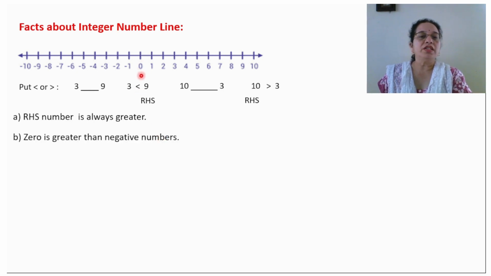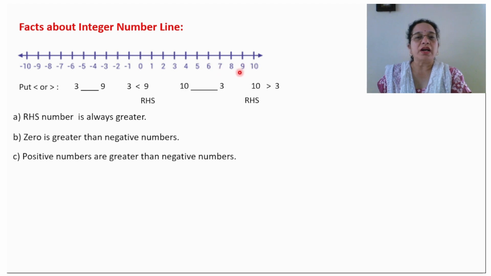Now on the right hand side of 0 all the positive numbers are there, and on the left hand side of 0 all the negative numbers are there. So if we compare the negative numbers and 0, definitely 0 is greater than the negative numbers, because 0 is on the right hand side of all the negative numbers.